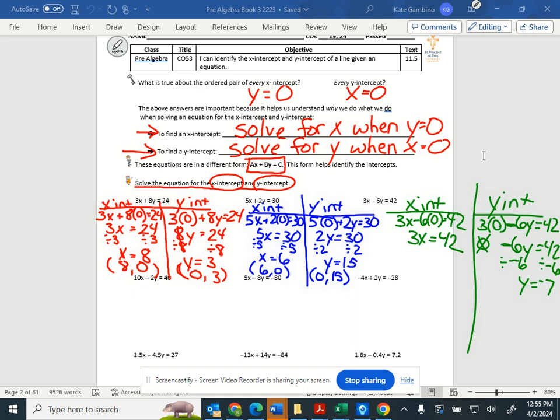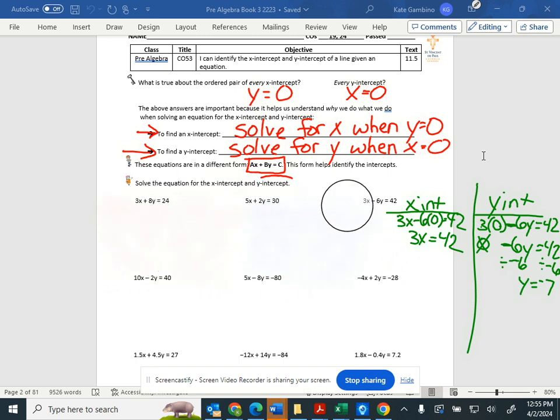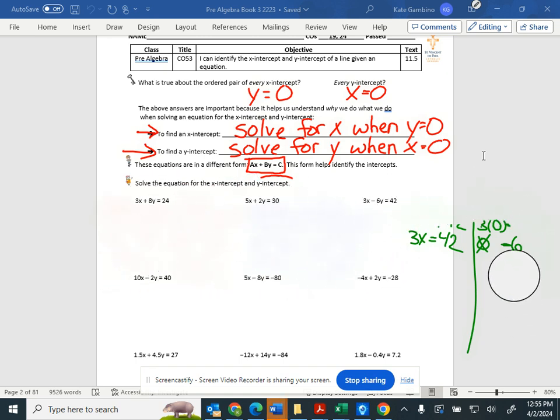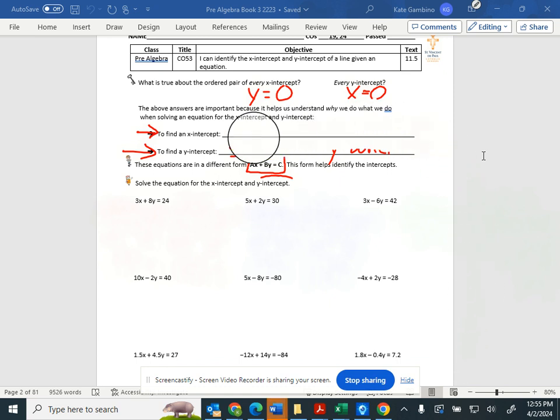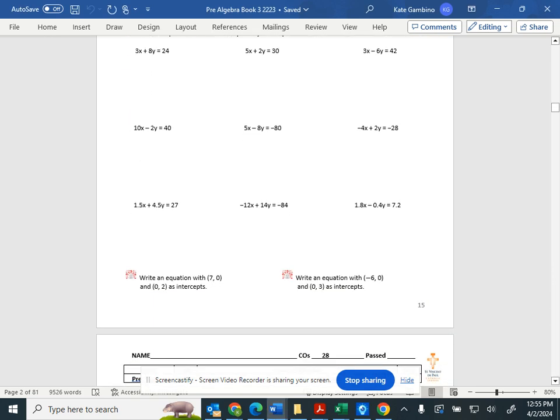All right, so we are going to work on the rest of this page. It is a one-pager. I do want you to go slow. We do have time, so there is no reason for somebody to say they are done right now. Show your work. Do all the steps. I don't want anybody to say, but I can do it in my head. I know you can do some of these in your head.